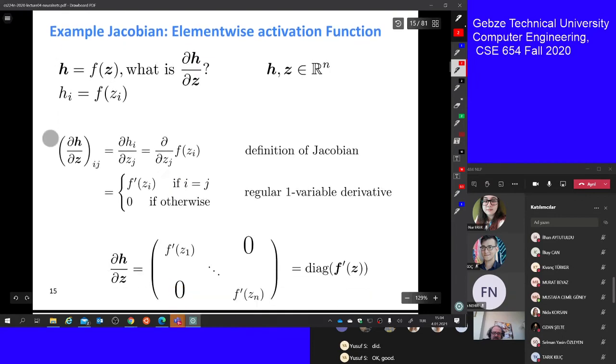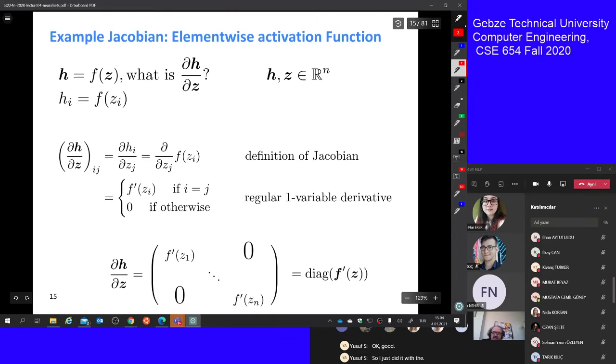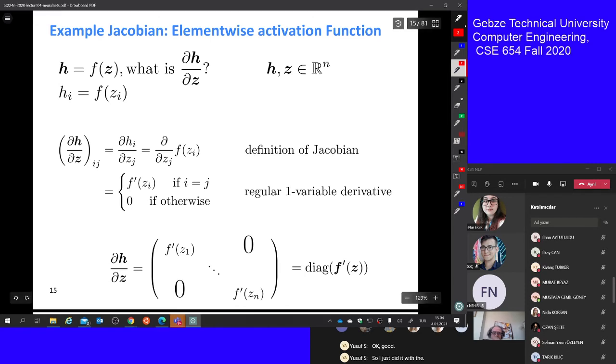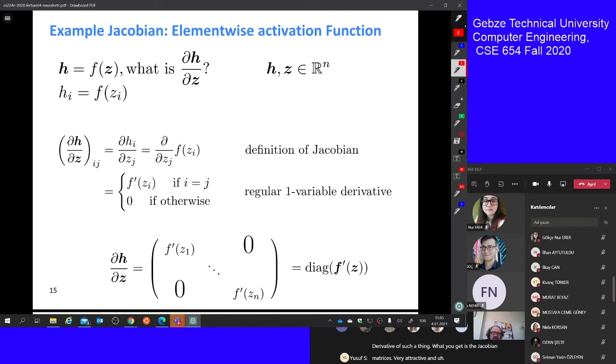So I just did it with the shortcut way. It is giving me this one. It is taking the derivative of h with respect to z, but z has many elements in it. So if you take the derivative of such a thing, what you get is the Jacobian matrix, and that's going to be just a diagonal of the whole matrix.